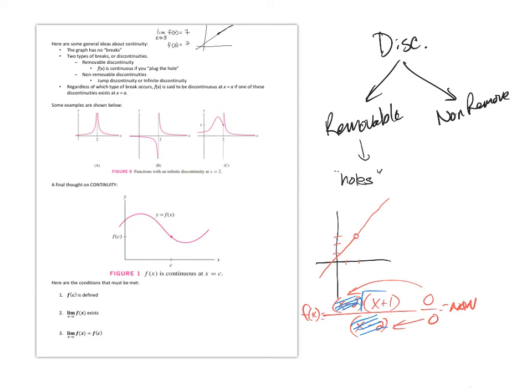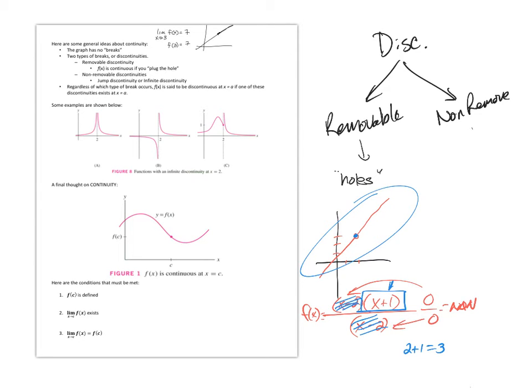Now you have a perfectly harmless linear function of x plus 1. And now when you plug in 2, you get 2 plus 1, and you get 3. So this graph up here is a perfect example of what a removable discontinuity might be like. In other words, in the x plus 1 function, there would be no hole. You could literally plug the hole.